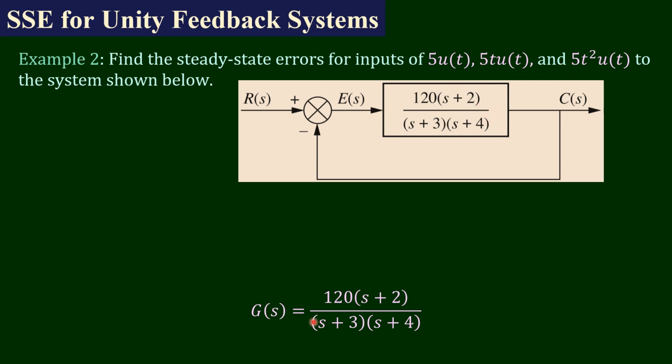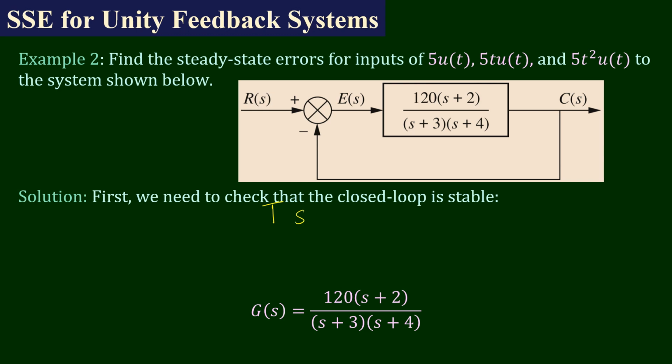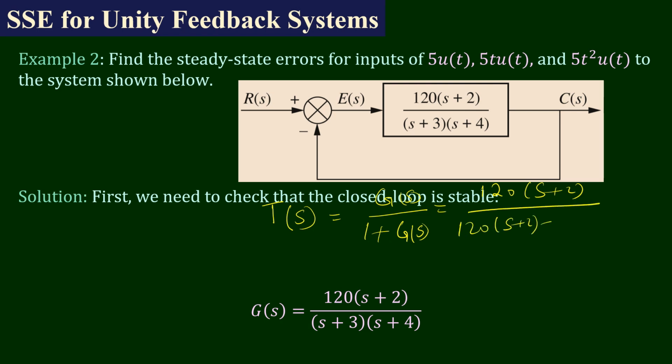So over here G(s) is equal to this. The closed loop transfer function we should write first. The closed loop transfer function T(s) is equal to G(s) upon 1 plus G(s). Now if we insert these values over here, we will get (120 s plus 240) upon (120 s plus 240) plus (s plus 3) into (s plus 4).